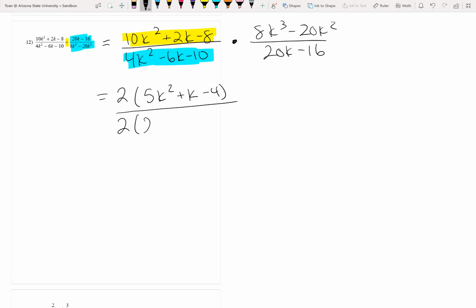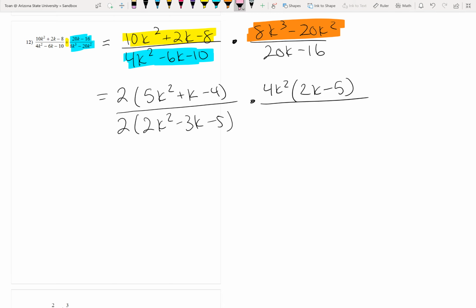So that's 2 times 2k squared minus 3k minus 5 times this guy here. It's a binomial. There's only 2 pieces, so it's GCF. I can pull out a 4k squared, leave behind a 2k minus 5, and then down here I can pull out a 4, leaving behind a 5k minus 4.